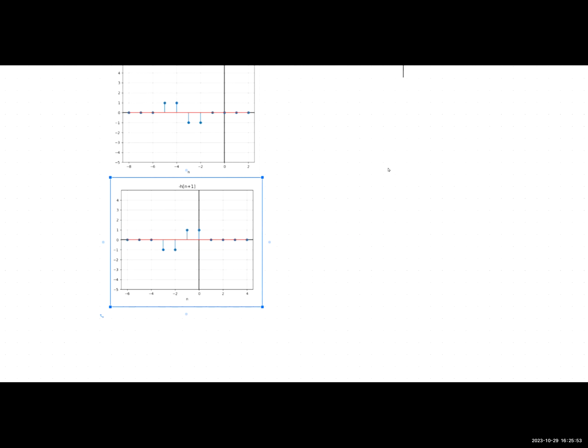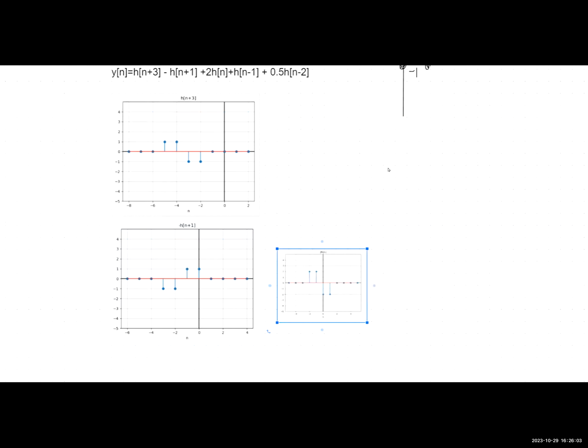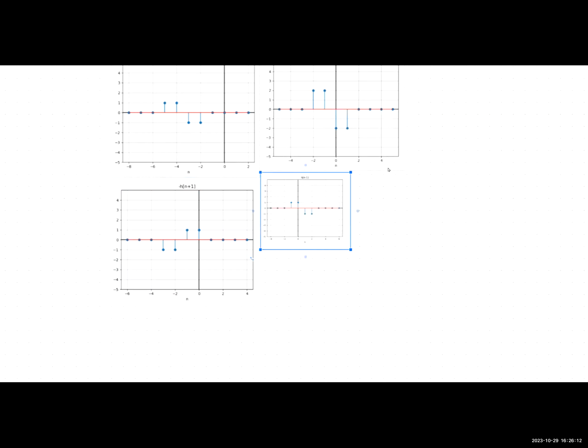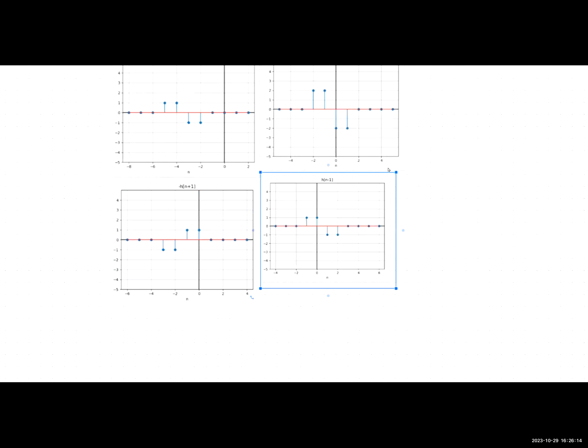For 2h of n, here we go, I get this. And for that, the next component is h of n minus 1, and I get something a little bit like this. So in this one, I just shift it over 1 unit to the right.